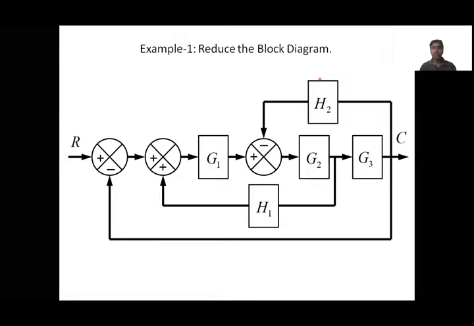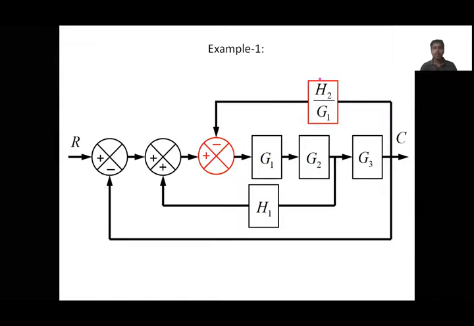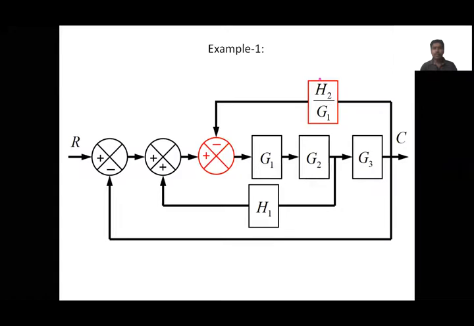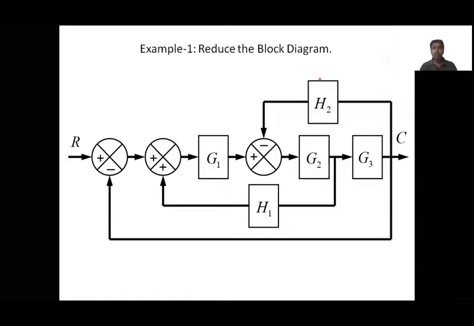From the procedure, we know that first we have to look for any cascade blocks, any parallel blocks, or any feedback loops. In this total system there are no two blocks connected in series.